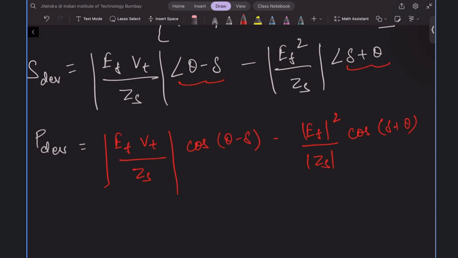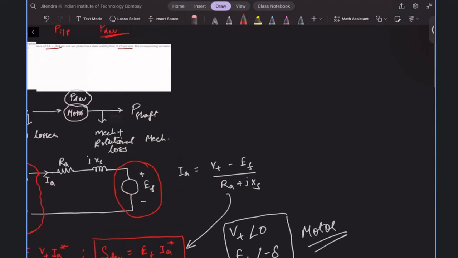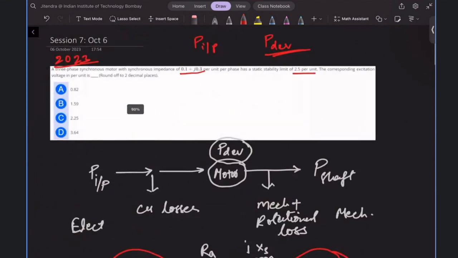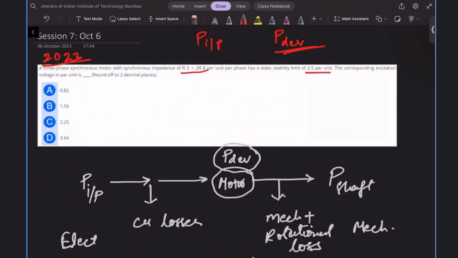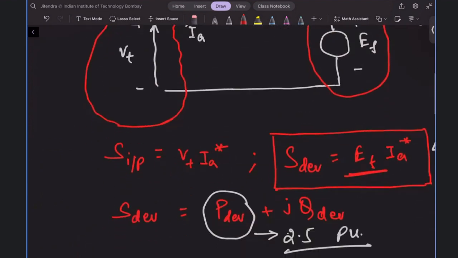But since we have to evaluate the steady state stability limit of the motor, read the question once more. What does it mean? Since you have to find out the static stability limit that is given as 2.5 per unit, it means at that value the developed power will be maximum. And what will be the condition of the maximum developed power?